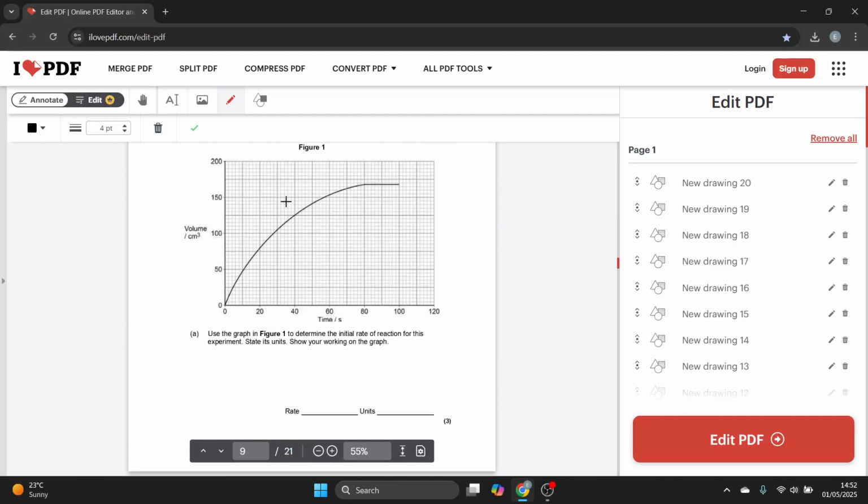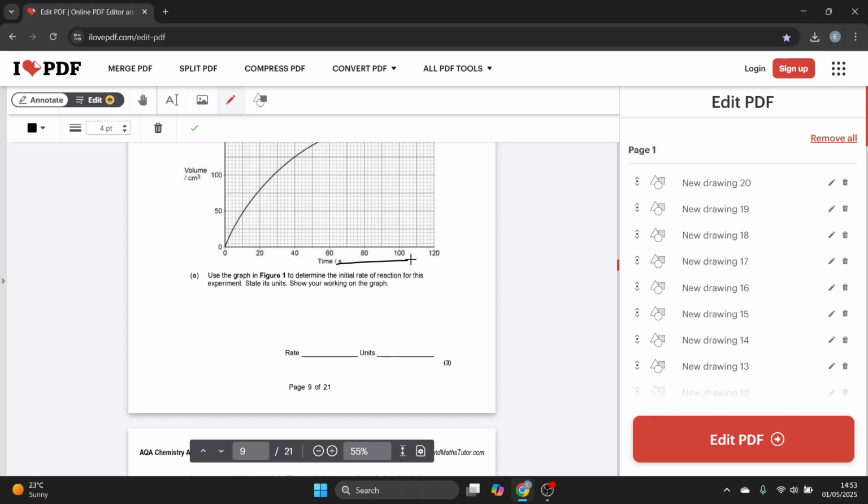Use the graph in figure 1 to determine the initial rate of reaction for the experiment, units shown, working on the graph. Initial rate of reaction: because I see initial rate, I'm going to draw a tangent to the curve at 0, 0, and then just find the gradient.